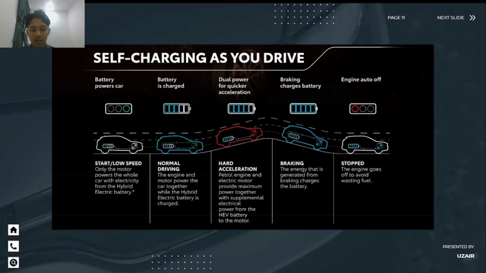When the car is in high acceleration, the petrol engine and electric motor provide maximum power together with supplemental electrical power from the HEV battery to the motor. While braking, the regenerative braking system will provide the energy generated from braking to charge the battery. Then when the car is stopped, the engine goes off to avoid wasting fuel.